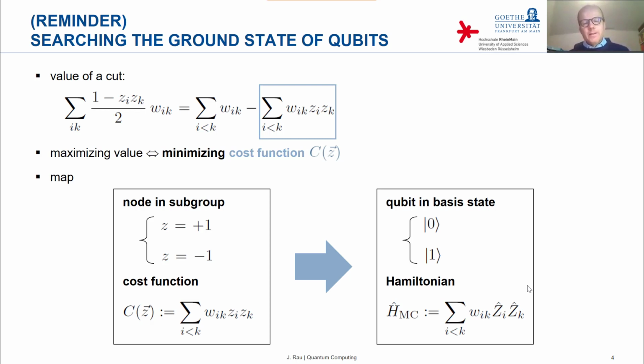And thus the problem of minimizing the cost function becomes a problem of minimizing the expectation value of the Hamiltonian, in other words, finding the ground state of that Hamiltonian. So many, not all of course, but many classical optimization problems can be mapped to the problem of finding the ground state of an assembly of qubits.